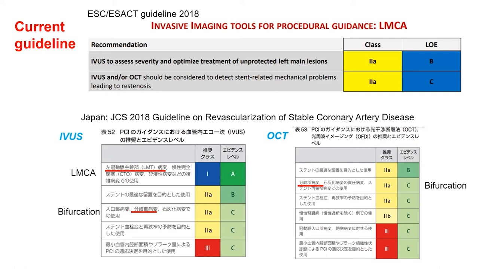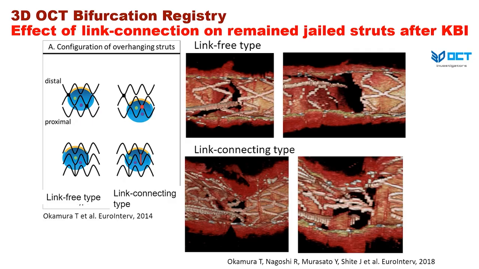In the Japanese guideline, IVUS for left main and bifurcation is in Class 1 and 2A respectively, while OCT for bifurcation is in Class 2A.